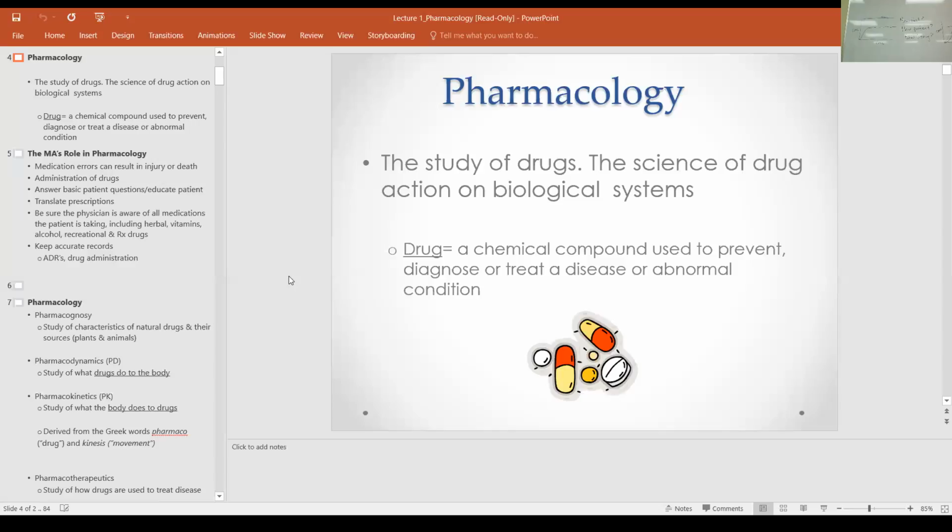Now this gap here is called the therapeutic margin. I'm guessing it's not very big for work.